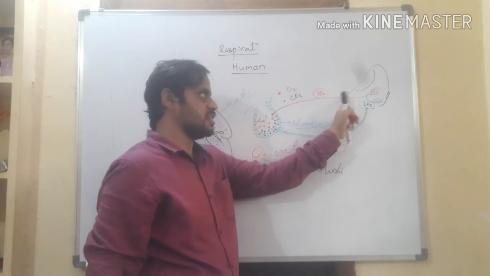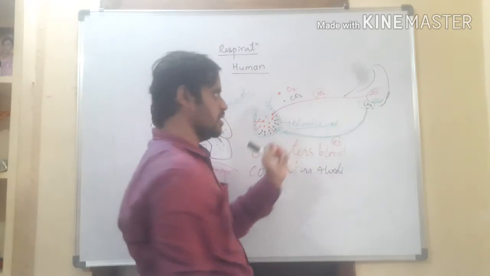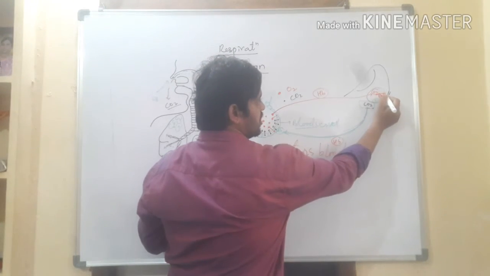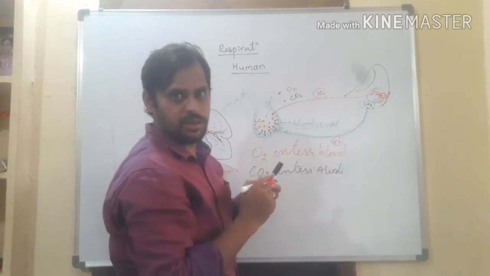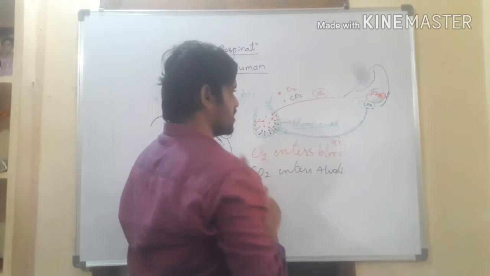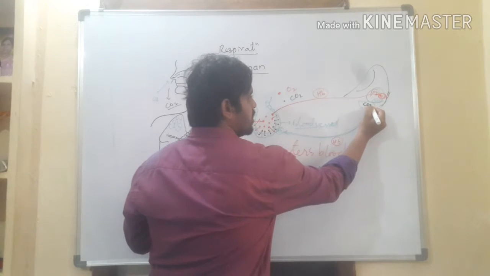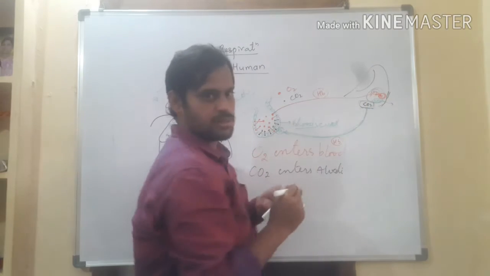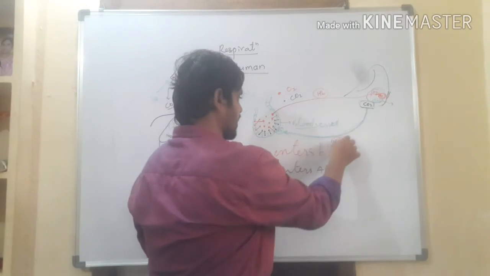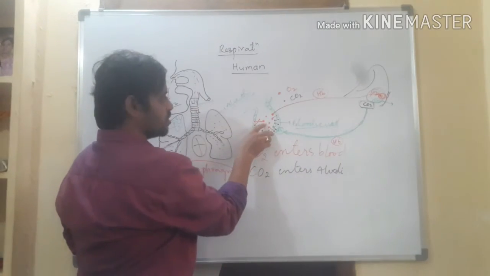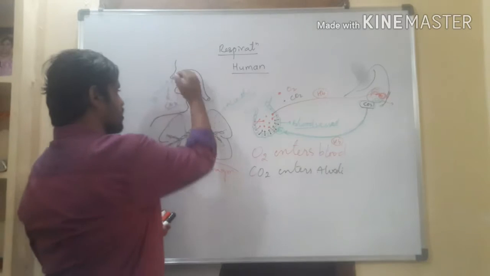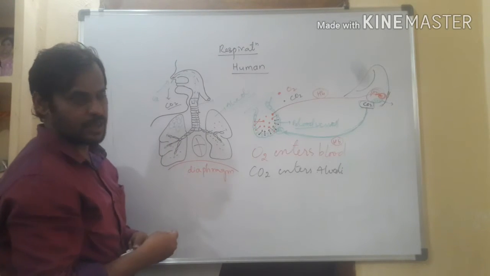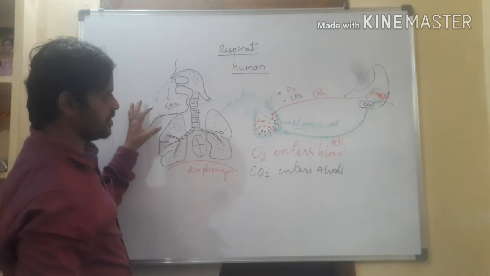Hemoglobin carries the oxygen to the cell. In the cell, this oxygen breaks down the nutrient. As a result of this breakdown, CO2 is formed. Energy is released and CO2 is also released. This CO2 is carried by the hemoglobin and thrown into the alveoli, which comes out of the lungs in the form of exhalation.